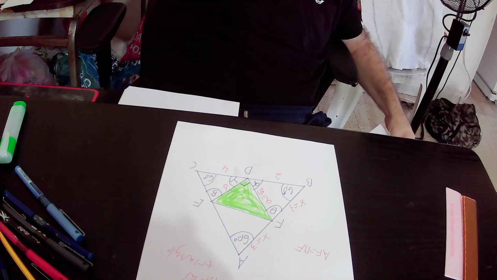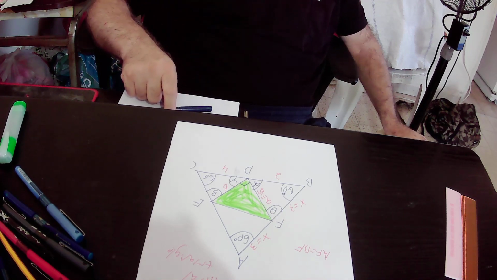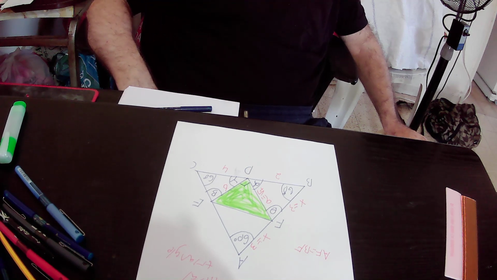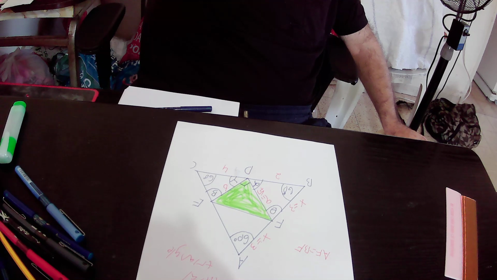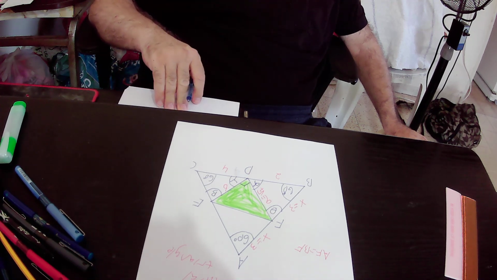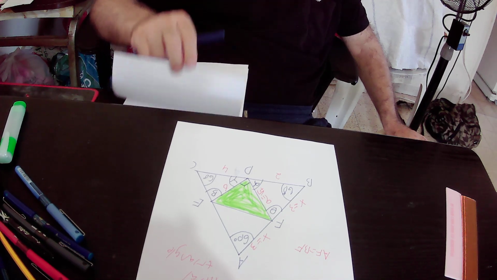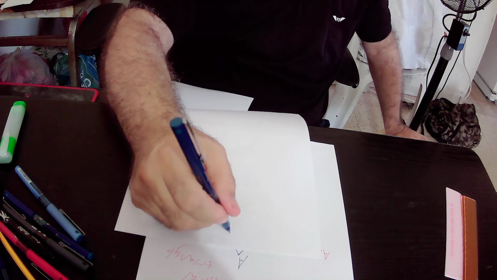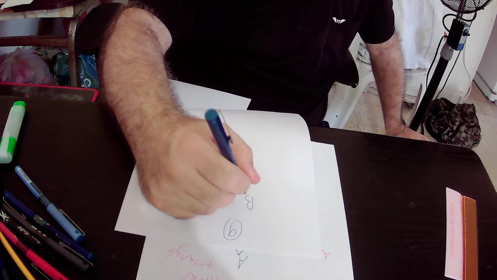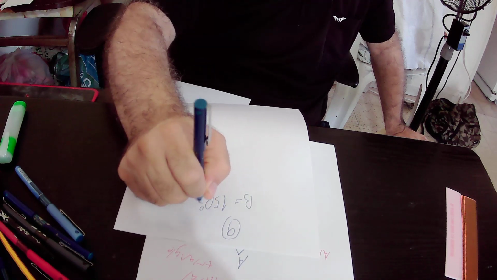Actually, we found in the beginning of the lecture that beta equals 150 degrees minus theta.